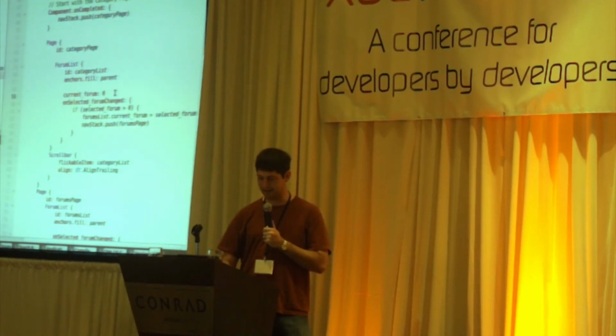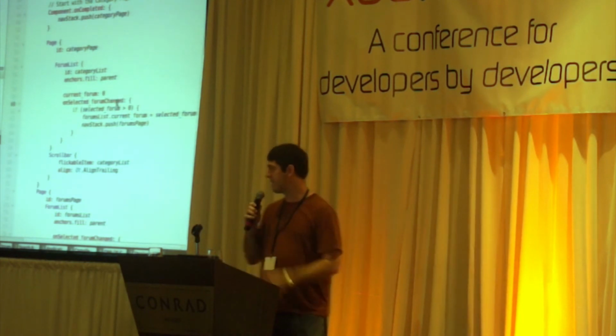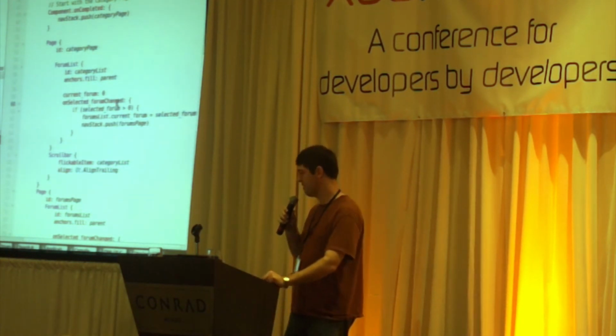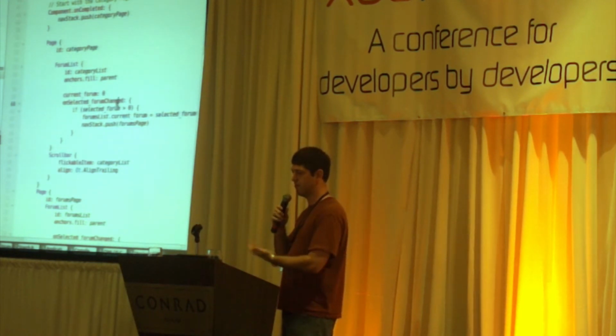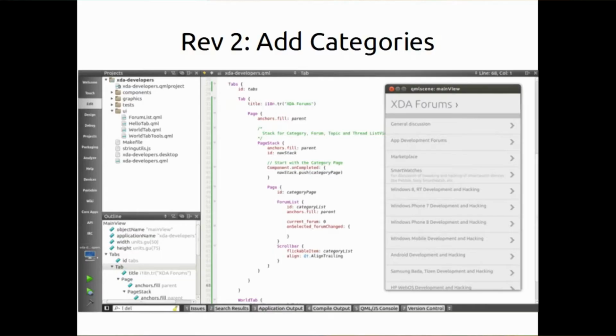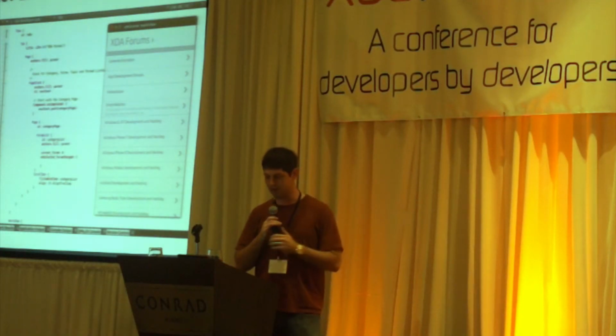Then I added this change handler, as I was saying before, so that when somebody clicks on an item, it will automatically call this callback, which I use to move on to the next nested level. So in revision 2, I added this forum list to my main tab and told it to start with forum number 0, which is the top level, and that got me all of the categories.